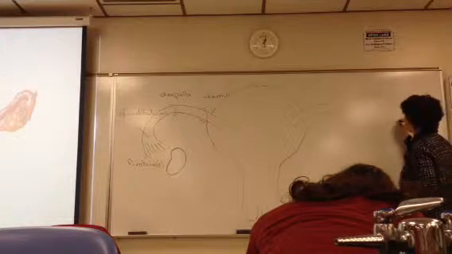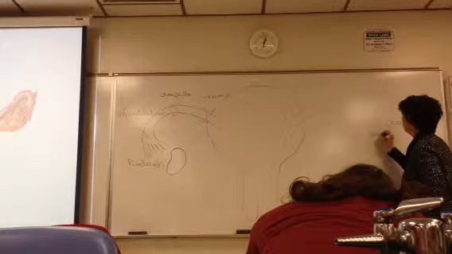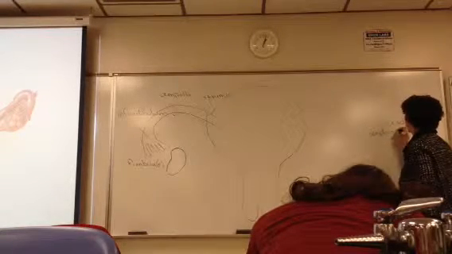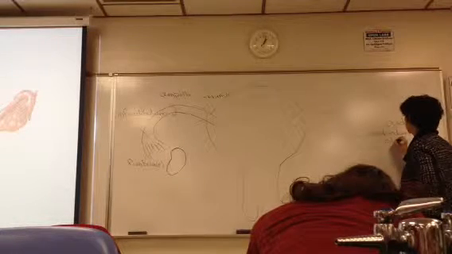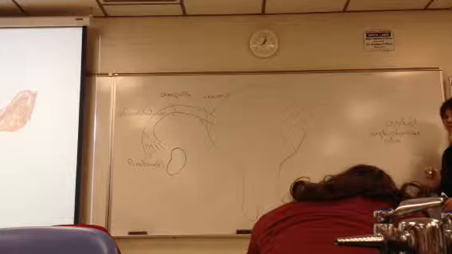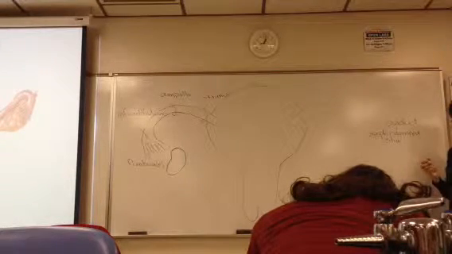And the oviduct cells, epithelial cells, are simple columnar with cilia. So the cilia are going to sweep the egg towards the uterus.